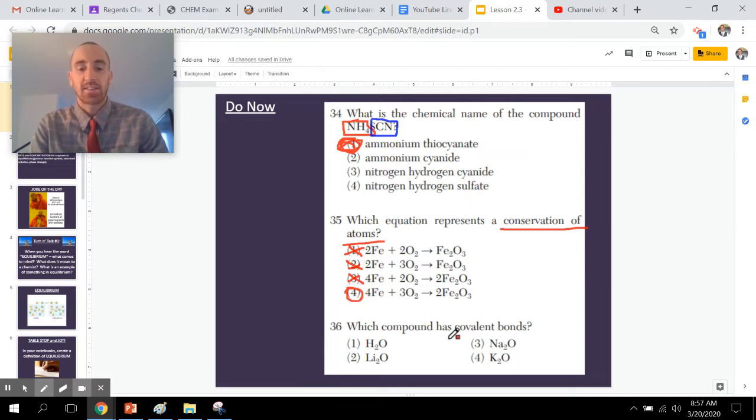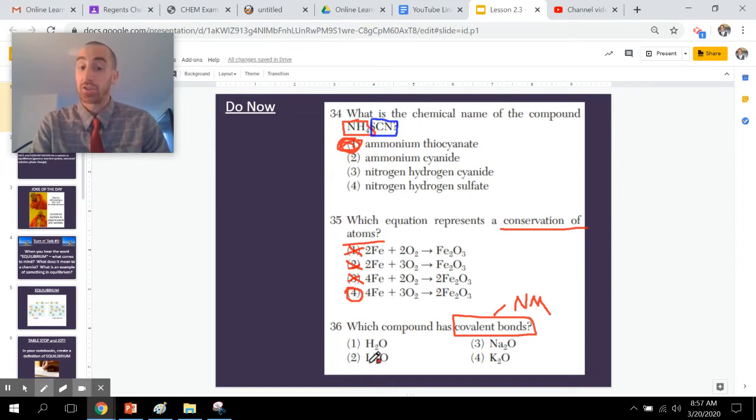And last but not least, number 36, which compound has covalent bonds? If you're text coding, covalent bonds happen between non-metals. In other words, which one of these features 2 non-metals bonded together? H and O, those are both non-metals. That could be our answer.